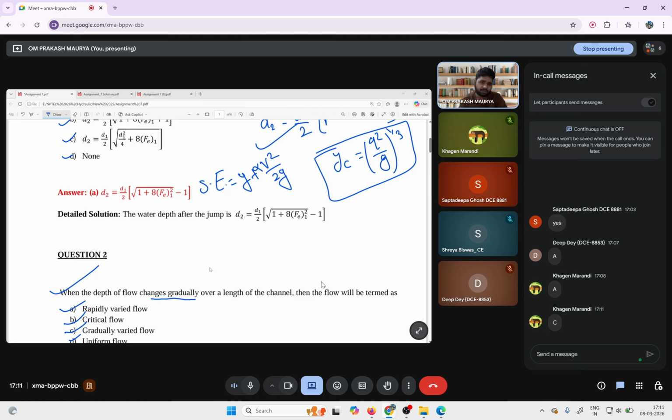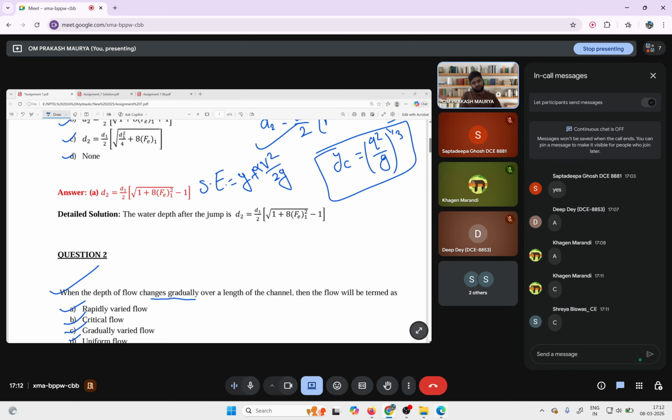Other students, please also try to write your answer in the chat box. Okay. So Shreya is telling option C, gradually varied flow. Yes, because the term gradually is used in the question, so you can guess from the question.